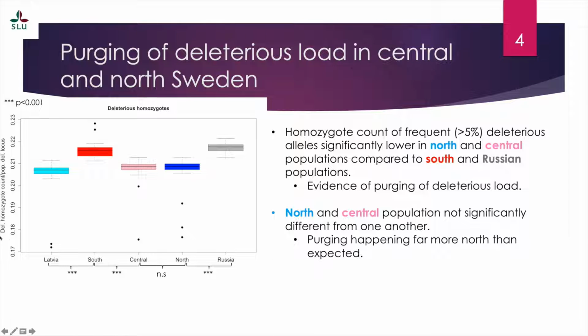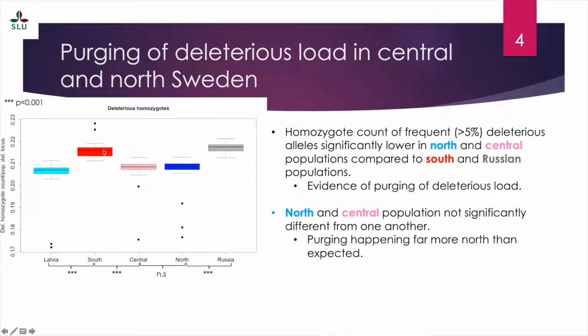Okay, so on the left here I have plotted the deleterious homozygote count divided by population deleterious locus count for each of the individuals in each of our populations. Going onwards, I'm going to call this simply deleterious load. In this plot, the interesting part is between the South population and the Russian population.